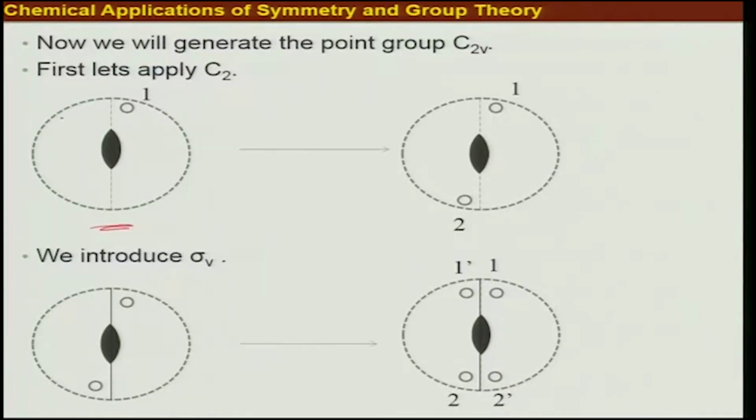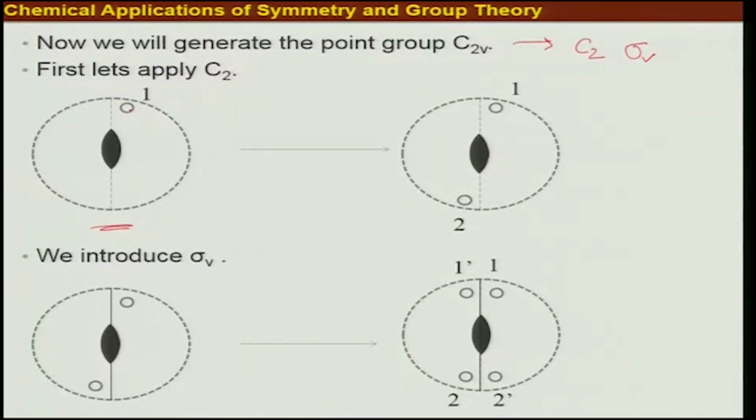You have the working space here as usual, and what you know from the C2v point group is that you have a C2. Okay. So, from C2v, I have a C2 definitely, and then I have a sigma v. You know what the definition of a sigma v is. So, now we start with C2. We take a general point here and then perform C2.